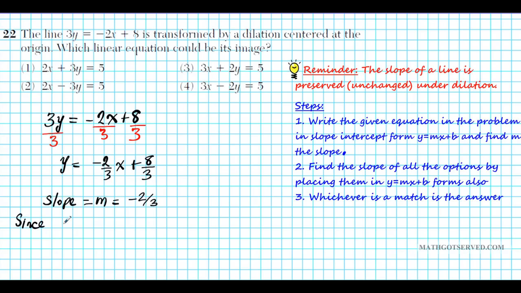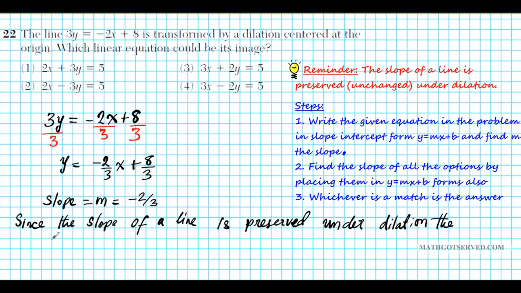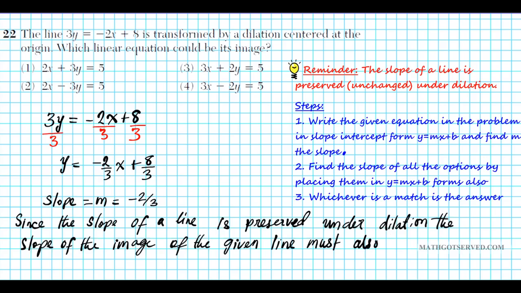Since the slope of a line is preserved under dilation, the slope of the image of the given line must also be negative 2 over 3.